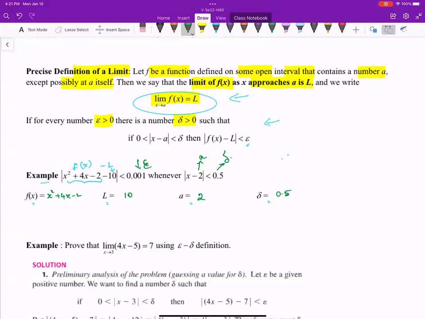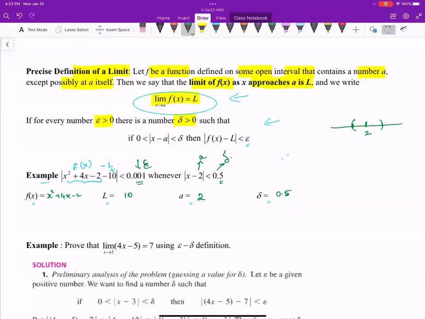What it means is, given the difference between f of x and 10, f of x and L, if you want that to be smaller than 0.001, then the closeness of x to 2, the neighborhood of 2, will be 0.5, which means this distance over here.